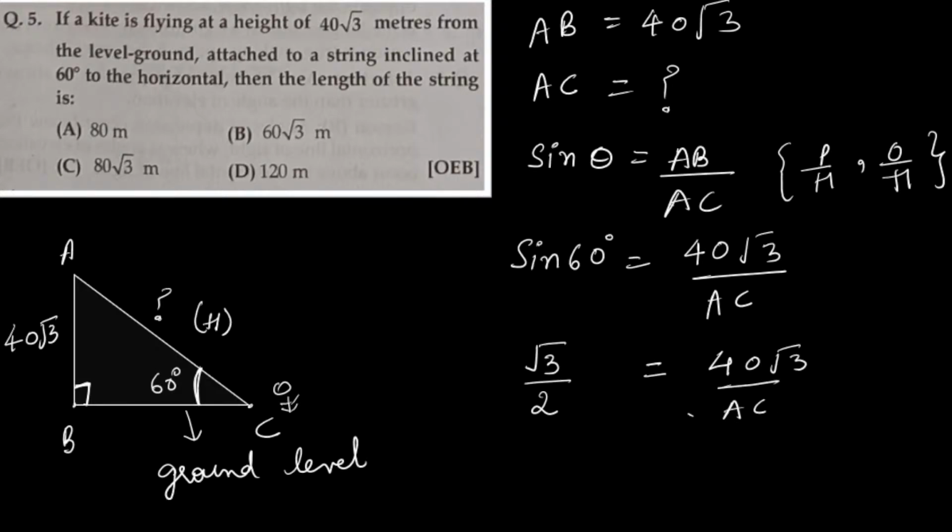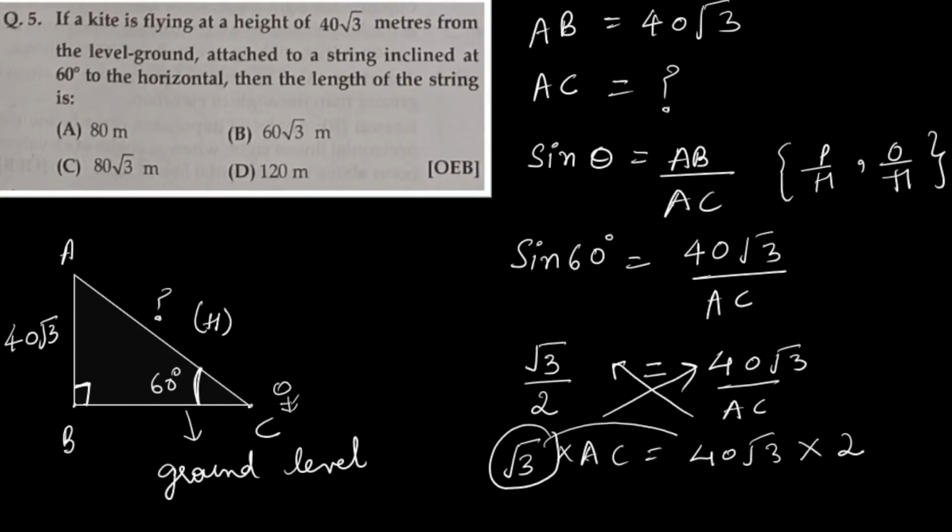So AC we have to find. Let's shift AC to the other side. Cross multiplication will happen here. So root 3 into AC is equal to 40 root 3 into 2. Because 2 is getting divided, when we shift it, it will get multiplied.